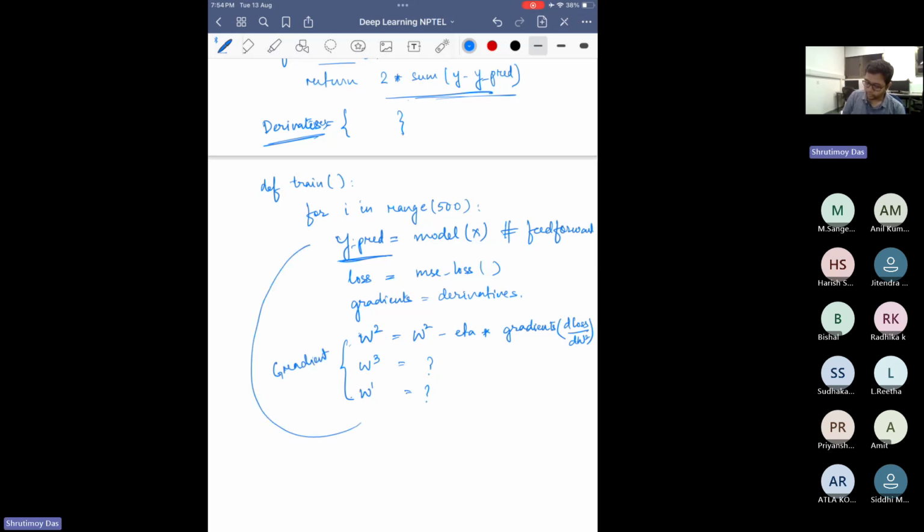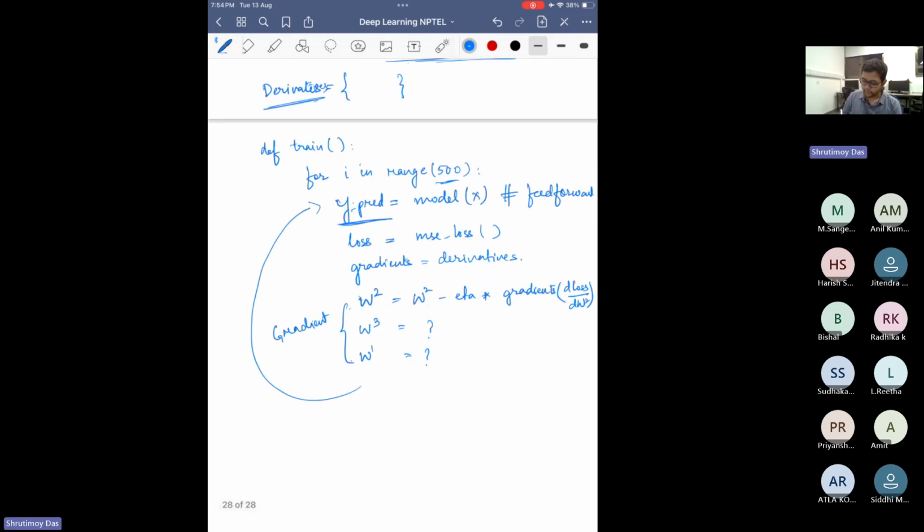And then you continue this process for 500 epochs, say 500 iterations. Once you have this, it will return the best weights that you have: the W1, W2, and W3.